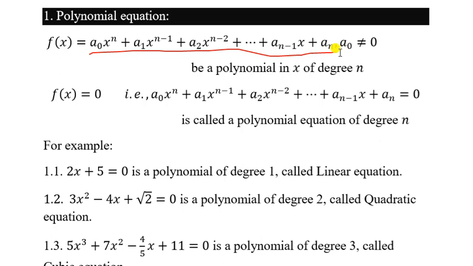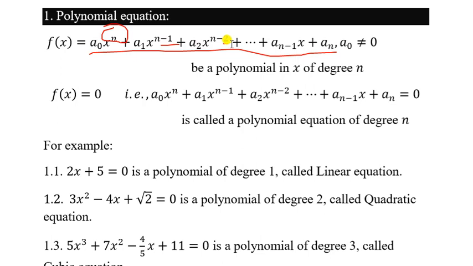This kind of form is called a polynomial, and the degree is n. Why n? Because the highest degree is n. Otherwise, see, this is n minus 1, this is n minus 2, this is less than n. So the highest power we have to take to find the degree of any polynomial.